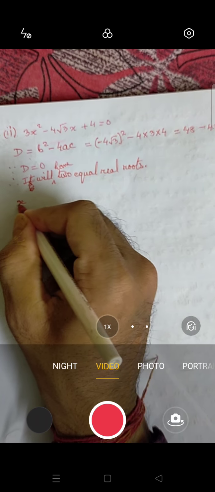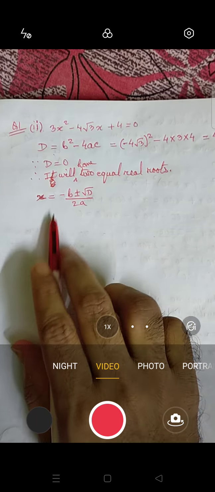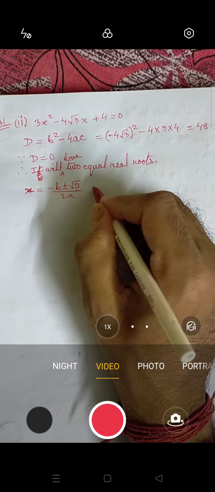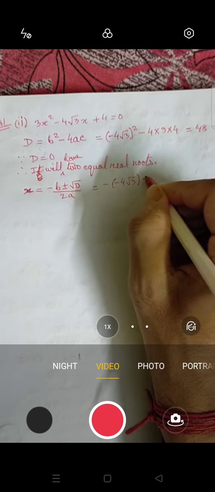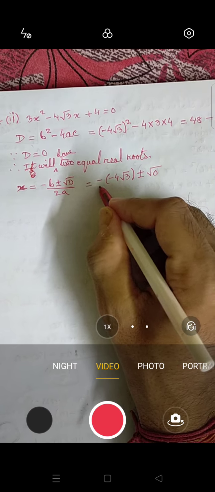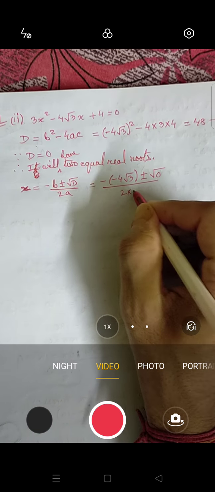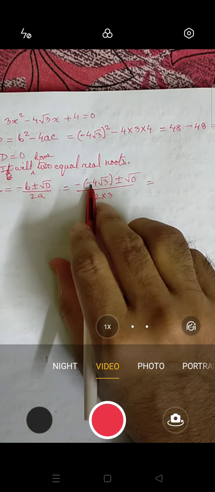Okay. So x is equal to minus b plus minus root d by 2a. Now next step you will write here at the bottom. So minus, what is b? Minus 4 root 3 plus minus root over 0, d is 0, by 2a, a is 3. Now this can be written as minus minus will become plus.